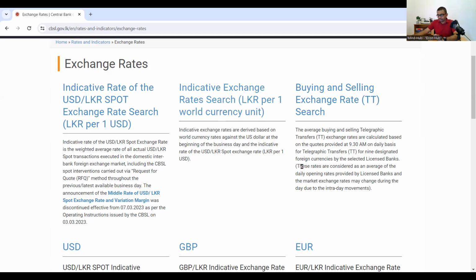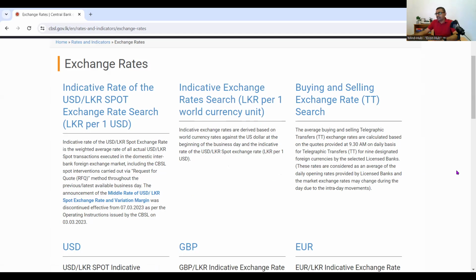Then there are a few other concepts here. Indicative rate search, that is to get an idea about how the exchange rate will move. Indicative rate search derives based on the world currency rate exchange, US dollar, just to get an idea where it is going.